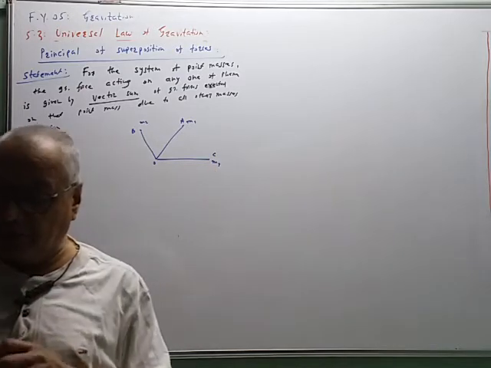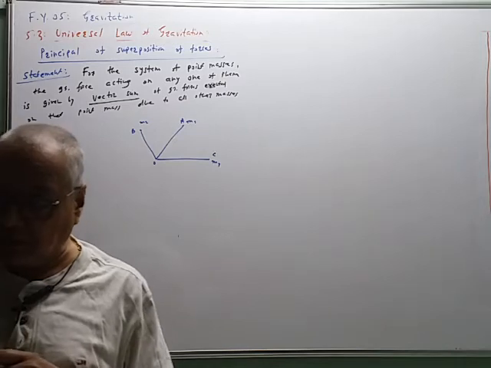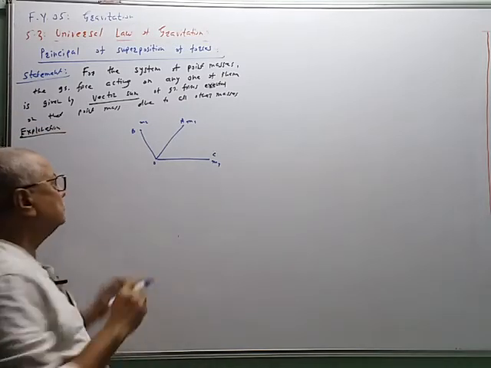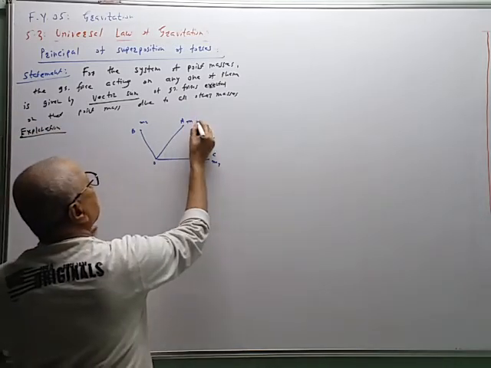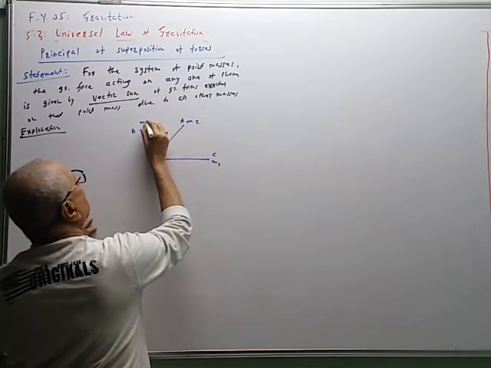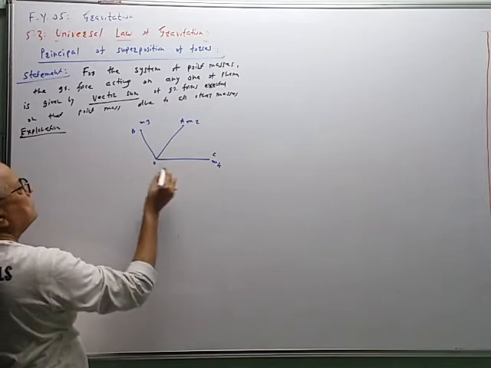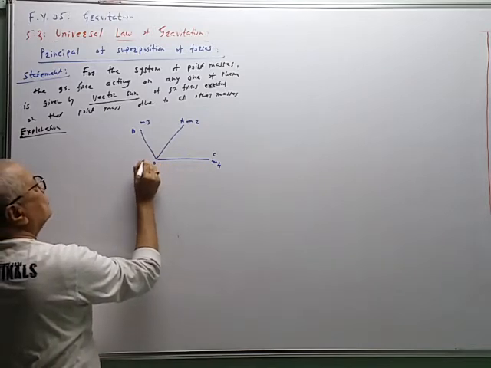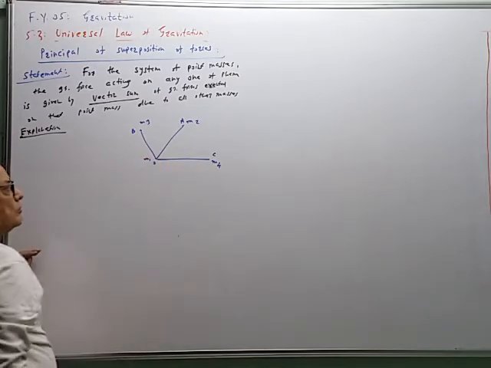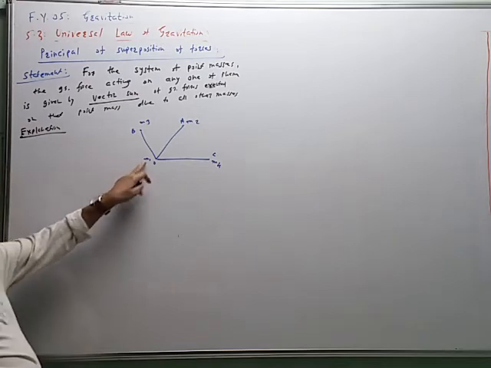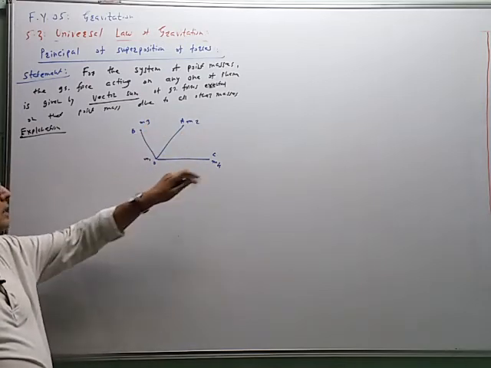So m2, m3, m4 are the masses kept at points A, B, C respectively, and at point O there is a particle of mass m1. So m1 will be attracted by m2, by m3, by m4.